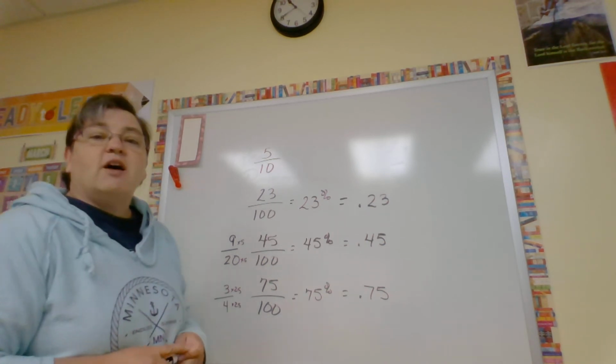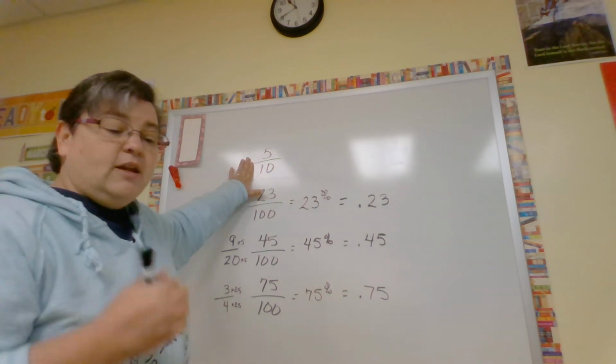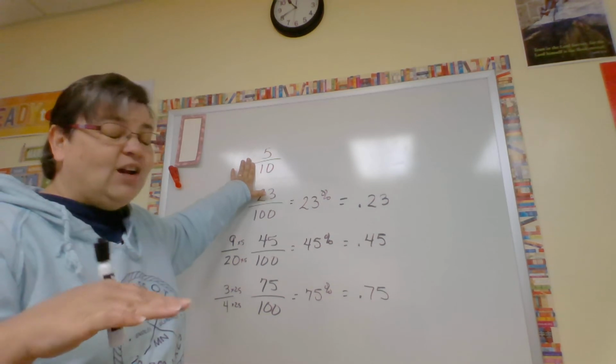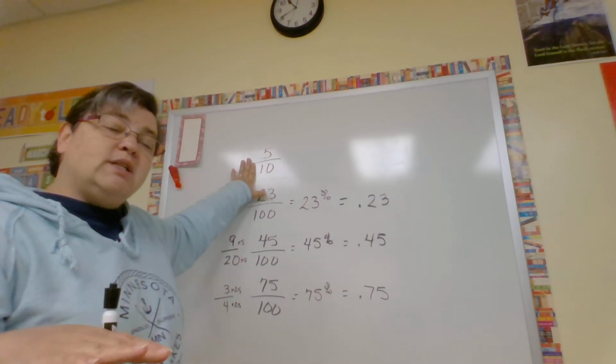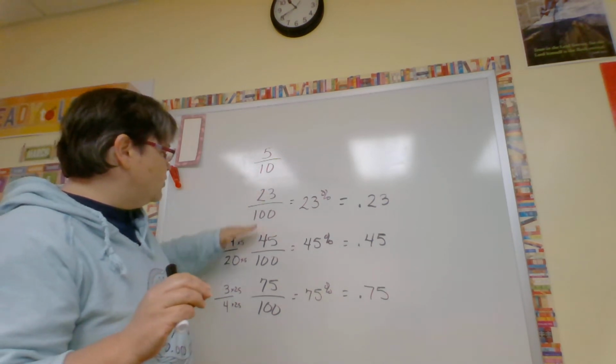So let's try that tough one at the top now. 5/10. Now 5/10, the bottom number is not 100. It is not already a percentage. The only time you can say a fraction is a percentage is when it has 100 on the bottom.